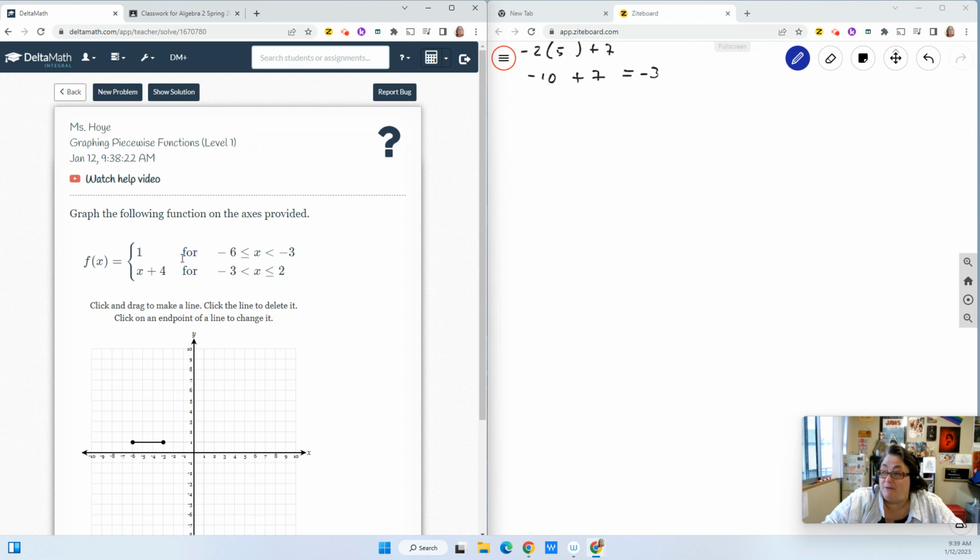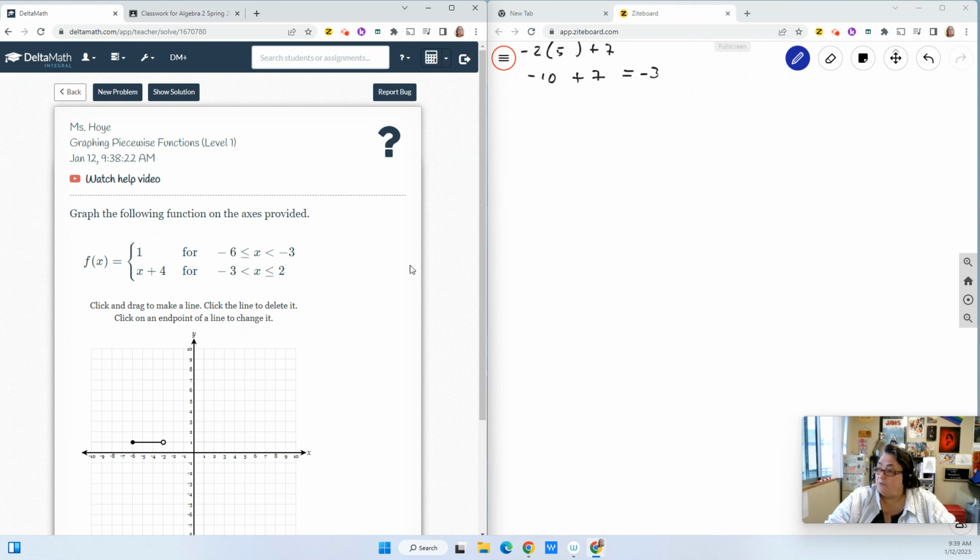I don't have to fill out an equation. Everywhere from negative 6 all the way to negative 3, if the numbers fall between there, it's just 1 for our y value. So I do need to look at the fact that it can equal negative 6, but it can't equal negative 3. Negative 6 has that line under it, so that's a closed dot, but this one doesn't. So all we have to do is open dot that.